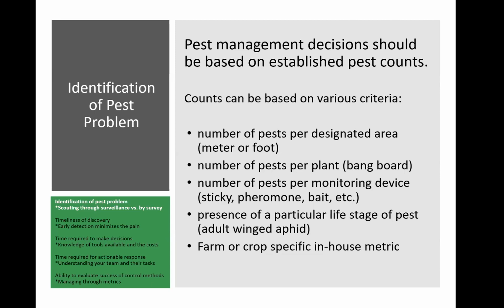And then the presence of a particular life stage of a pest, such as adult winged aphid, is an indicator of a real problem that you need to address immediately, and that would set off an action threshold. And then you might have a farm or crop specific in-house metric that's particular to that facility, and that would kick off another treatment.